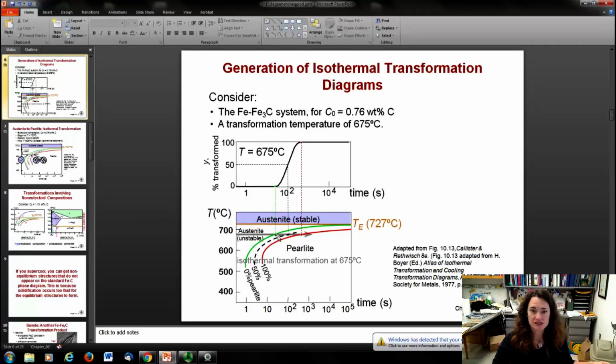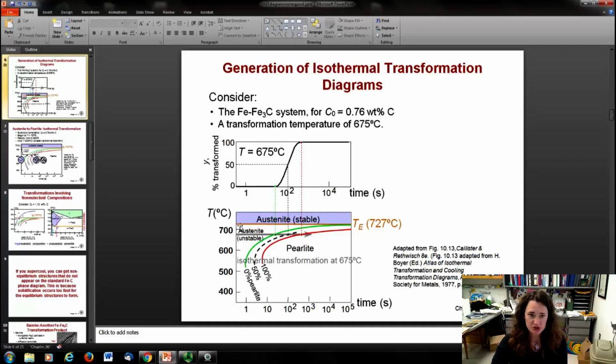If you're here at 675, it takes maybe 500 seconds or so for that reaction to complete, but if you're down here at 550 degrees C, it happens in less than 10 seconds. So you can extract that information about how long it takes these reactions to occur as a function of the temperature that you cool it below the eutectoid temperature.